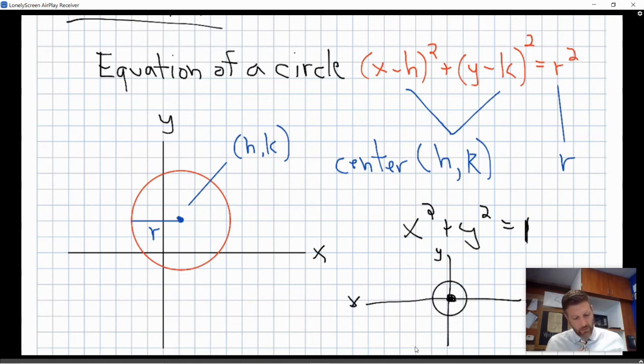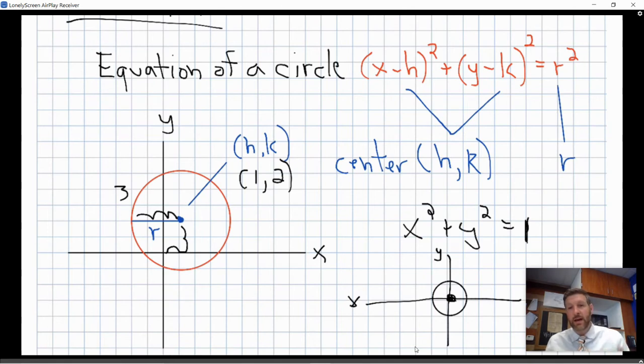This is not on the origin. The center of this circle goes over 1 and up 2. So the center has been shifted 1 to the right and 2 up. We can also see the radius is 1, 2, 3. So we have a radius of 3.